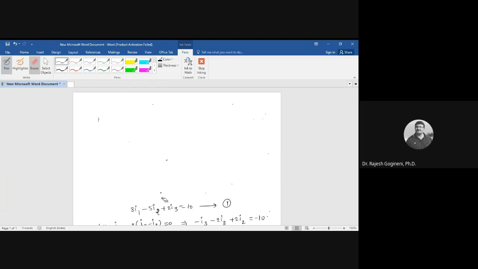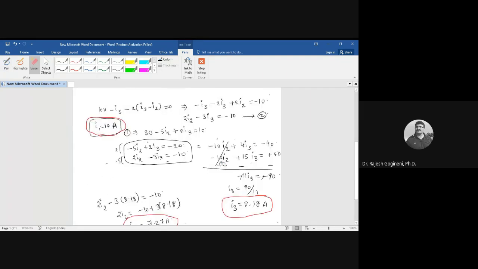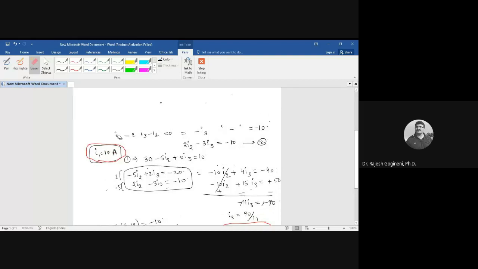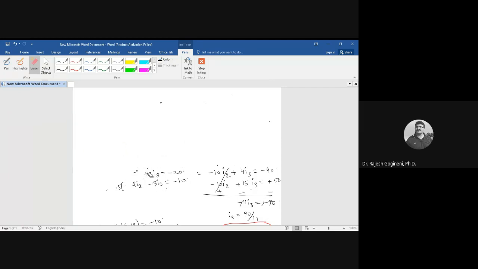In mesh analysis, we used the loops to find out the currents. In nodal analysis, as the name says, we use the nodes and we apply KCL in place of KVL to find out the node voltages. So simply it is a dual of mesh analysis.